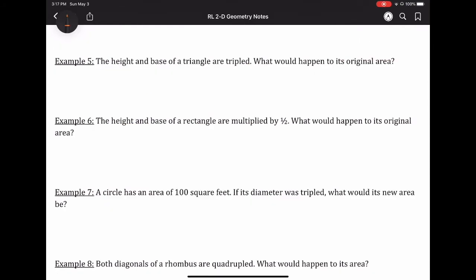Example number 5 says the height and base of a triangle are tripled. What would happen to its original area? Okay, so before we were changing just one side, now we're changing 2 sides. So if you remember from what we said before, in general, if you're changing 2 sides, you have to multiply the changes together, and then that's what happens to the area.